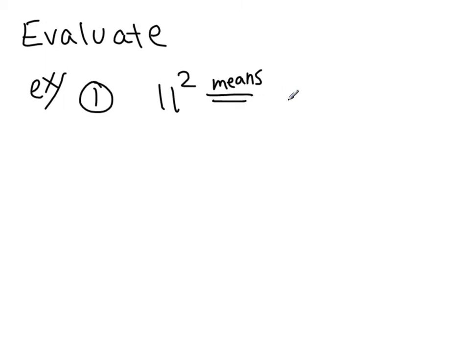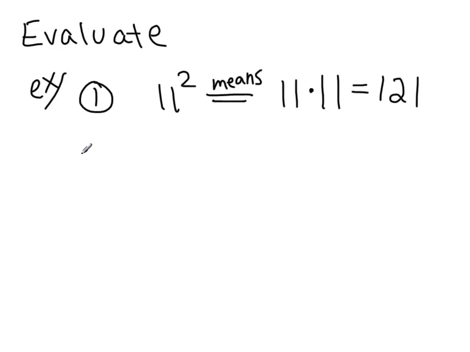We have 11, which is our base, so that's what's being multiplied by itself. And 2 is the exponent, so it's multiplied by itself twice. 1, 2, 11 times 11. That's what it means. It does not mean 11 times 2. So 11 times 11 gets me 121.